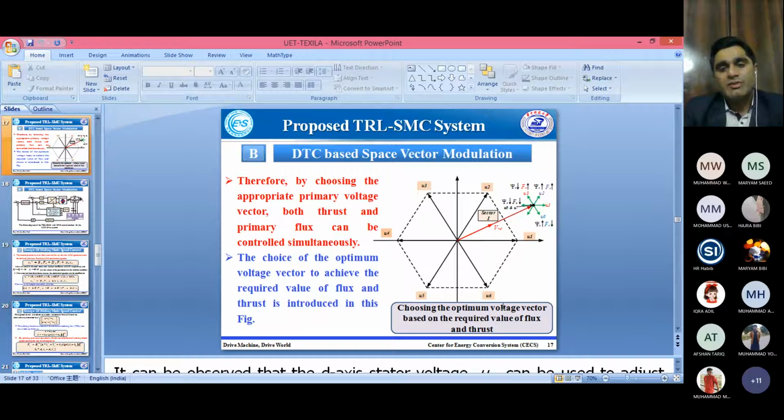Therefore, by choosing the appropriate primary voltage vector, both thrust and primary flux can be controlled simultaneously. The choice of optimum voltage vector to achieve the required value of flux and thrust is introduced in this figure, choosing the optimum voltage vector based on the required value of the flux and thrust.